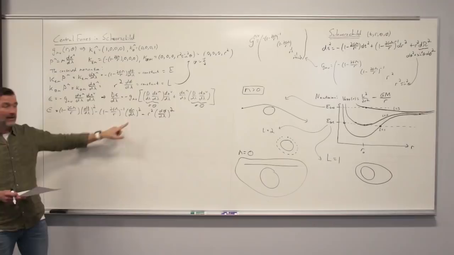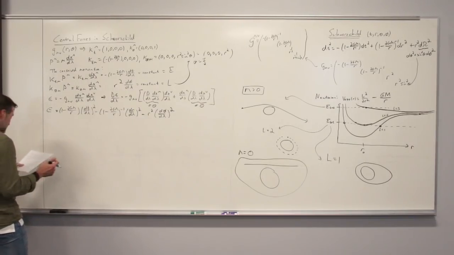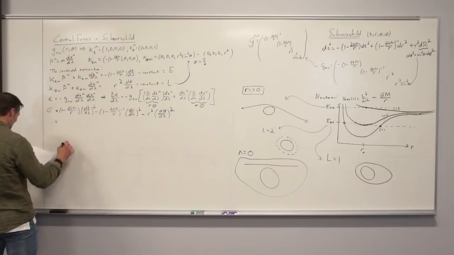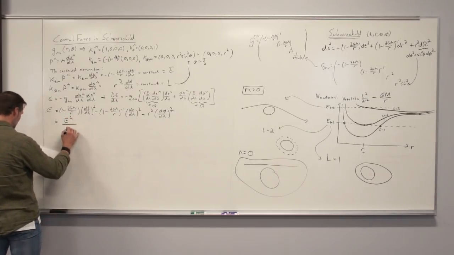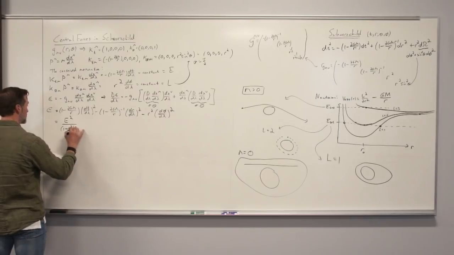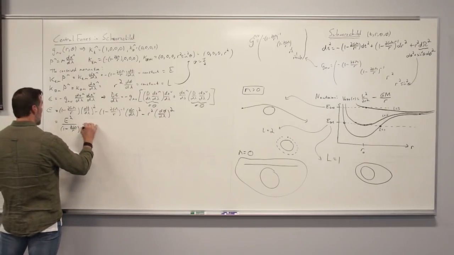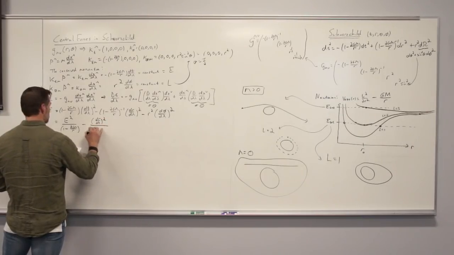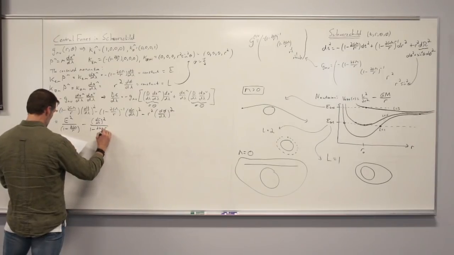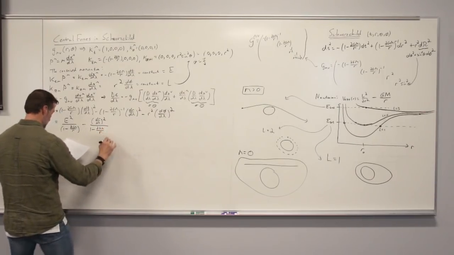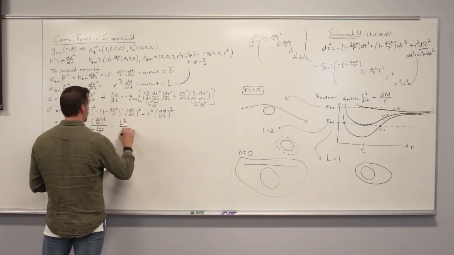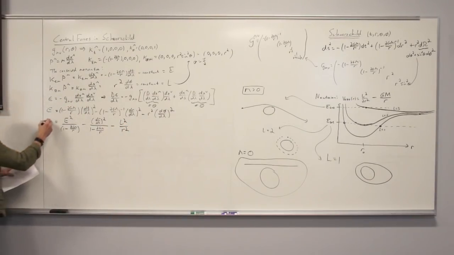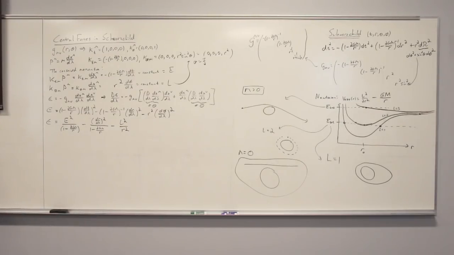Okay, so we can beat this expression into a more useful form: E squared over 1 minus 2GM over r, minus (dr d lambda) squared over 1 minus 2GM over r, minus L squared over r squared. Simplifies nicely. Is that nice? It's not that bad.